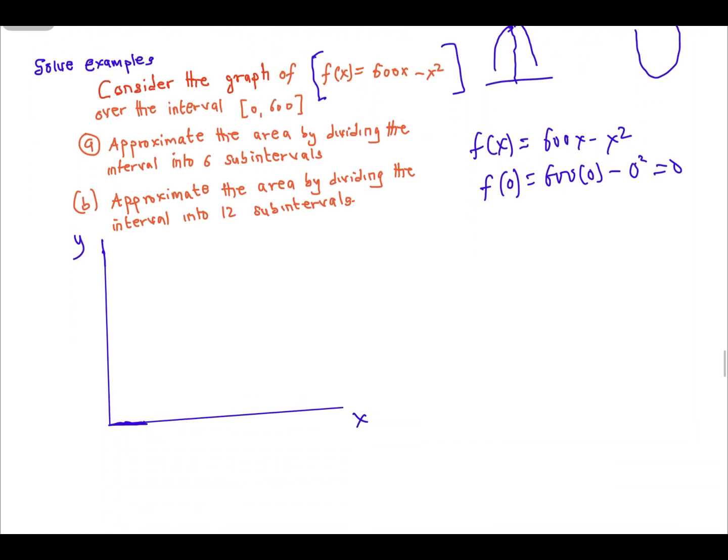So if my first point 0 gives me 0 over here, then my next interval division is 100.